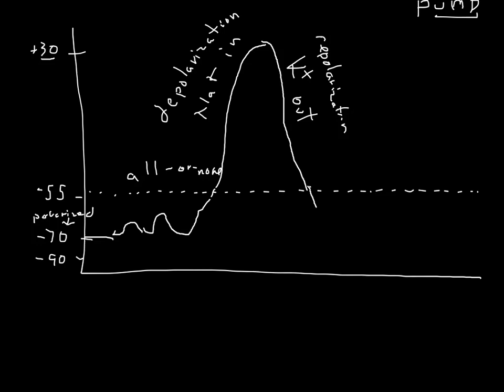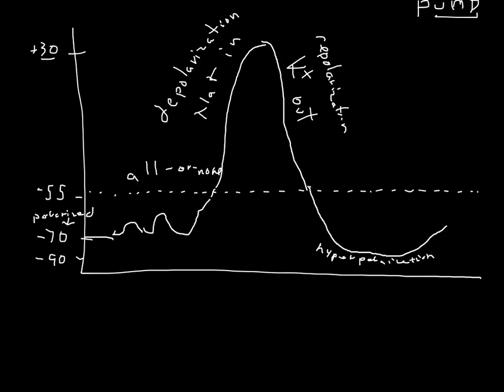The membrane continues to repolarize as the potassium doors, we mentioned, move a little bit more slowly than their sodium counterparts. This period is called hyperpolarization, when the membrane achieves a voltage that's below, less than the resting membrane potential, which is minus 70.